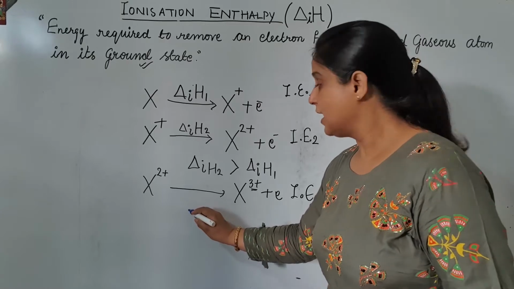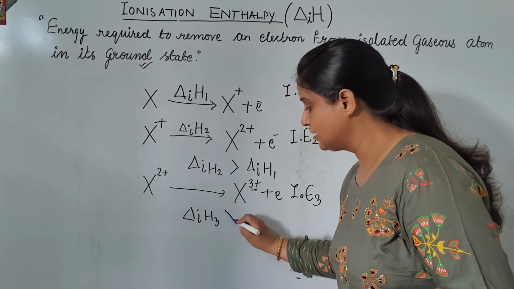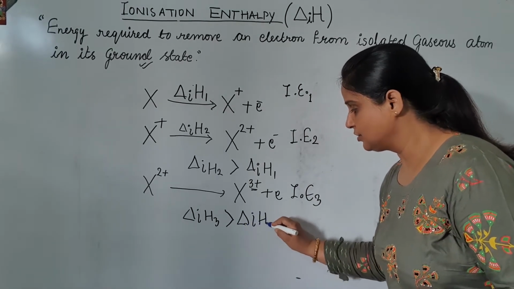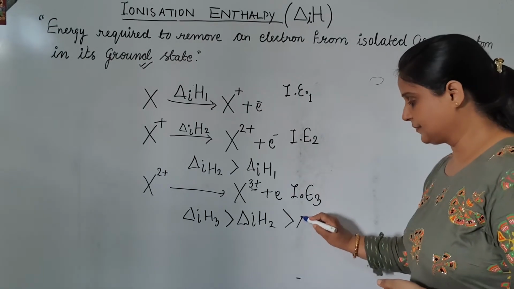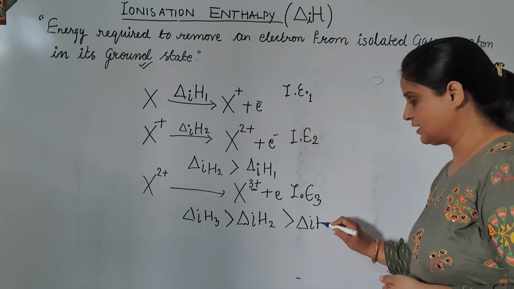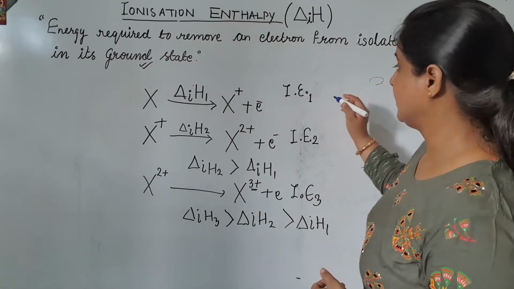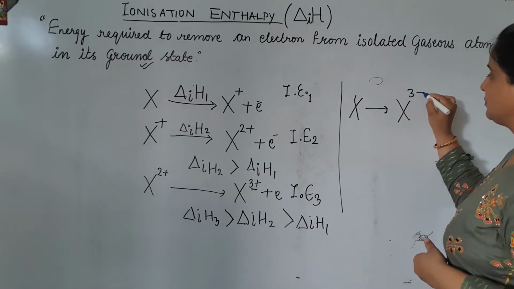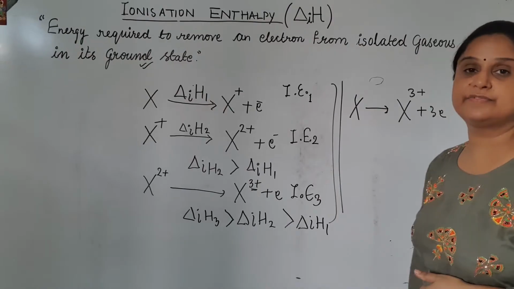That means delta IH3 will be higher than delta IH2, which will be higher than delta IH1. But whenever we talk about what happens when X is converting into X3 plus by the loss of 3 electrons, overall energy we used to take.